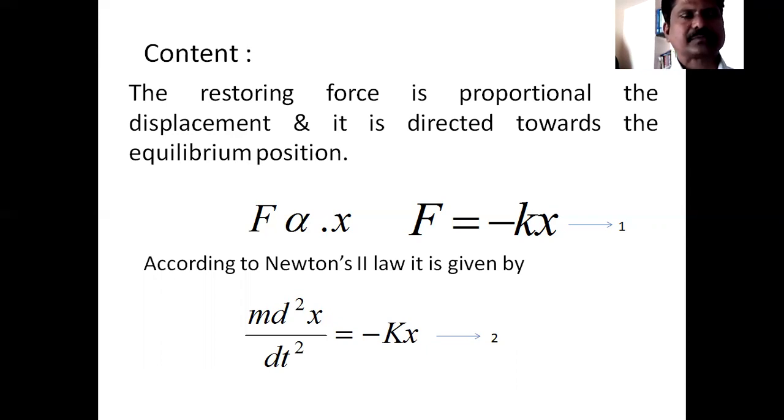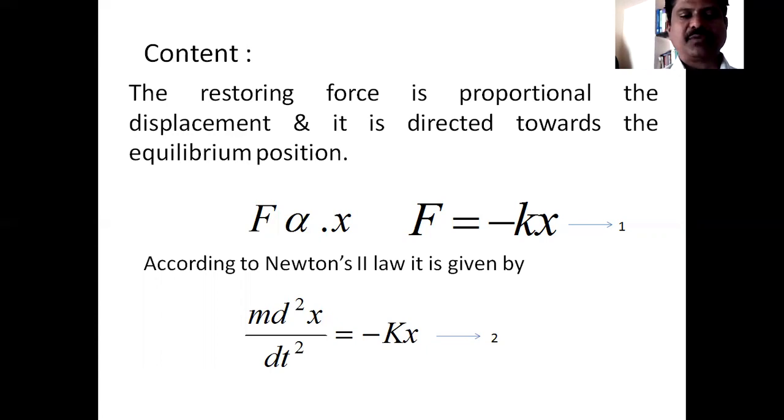So here we are obtaining an equation for the linear harmonic oscillator. How do we derive that equation? Consider a particle executing simple harmonic motion.